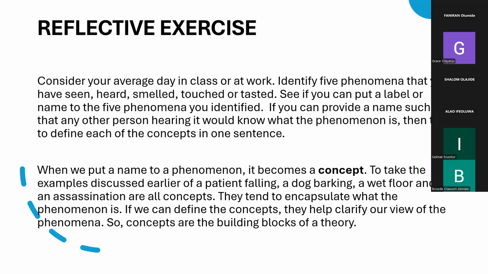So would you call that fainting? No. It could be that the patient had a wrong step and tripped on the floor. You can't call that a syncope. All we know is that the patient fell. So the phenomenon that you witness is a fall. We are not talking about what caused it, but the phenomenon itself is a fall.